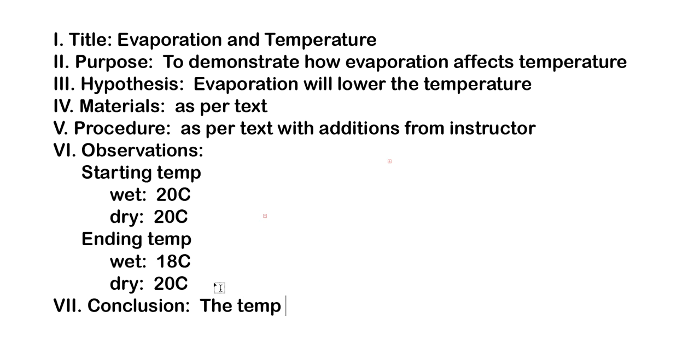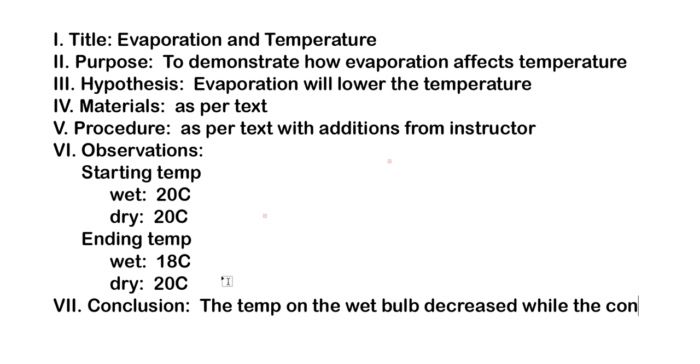The temp on the wet bulb decreased. We're talking about an overall decrease, not the little bump up at the beginning. While the control, our dry bulb, stayed the same.